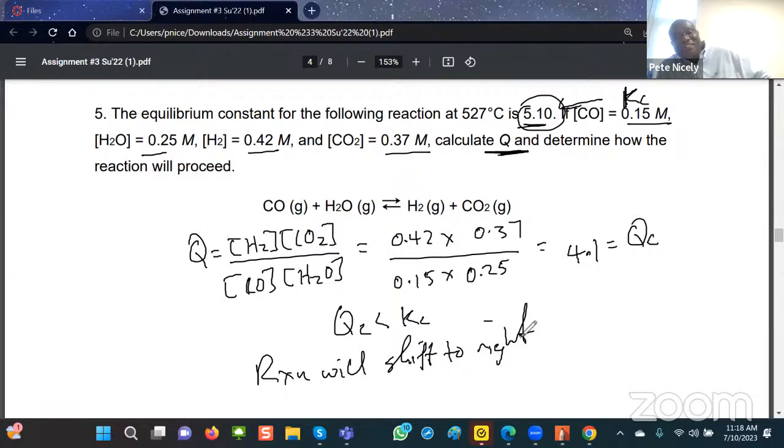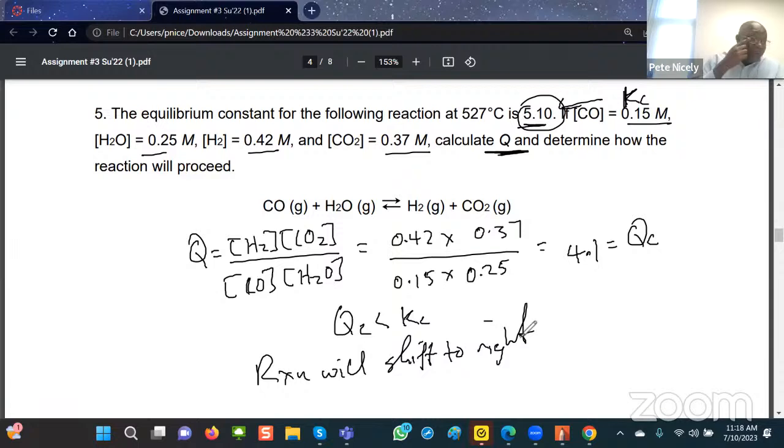So it doesn't matter if you put the units for M in your calculation. For example, in this case, you'll notice I did not put any units for the molarities. That's because you're not concerned with the units of Kc or Kp in the final answer. All right, so you can put the M's if you want to, but it's not necessary.